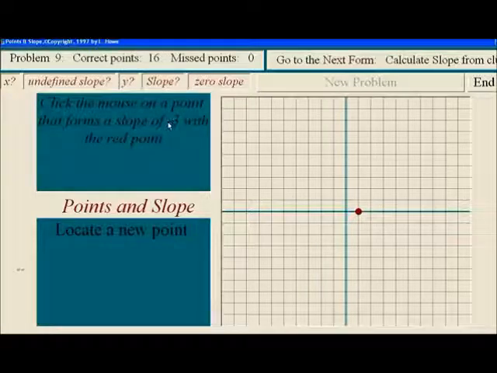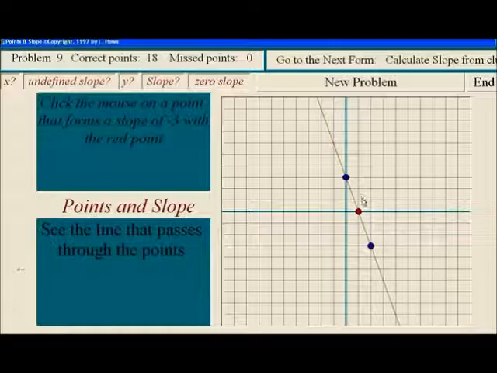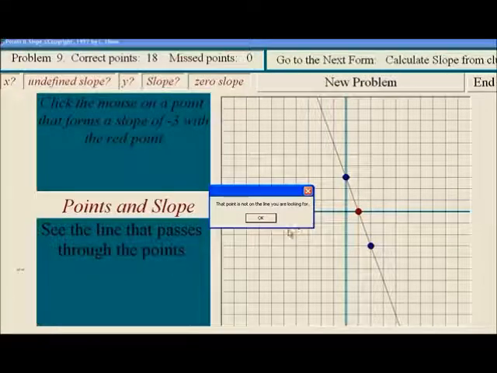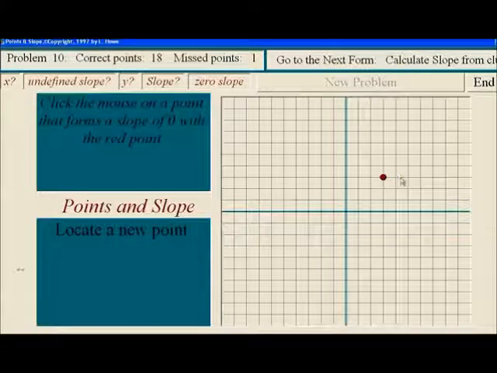Well, -3 isn't written as a fraction, but I can write it as a fraction. -3 is worth the fraction -3 over +1. So we will rise -3 and run 1. Or we could rise 3 if we went backward 1. I hope you see that. Oops. It yelled at me because I clicked a point that wasn't on there. Slope of 0, easy.